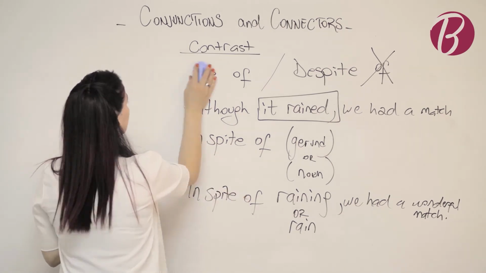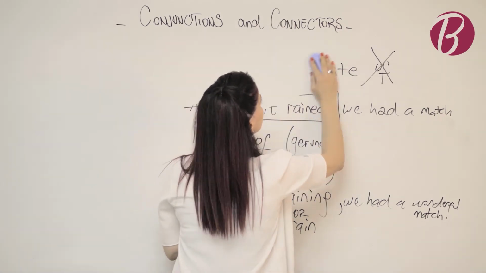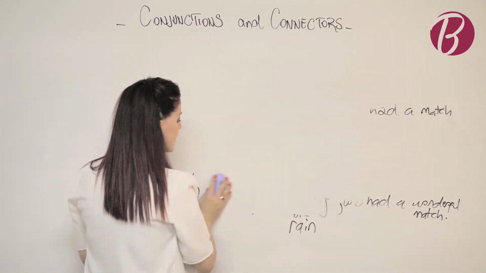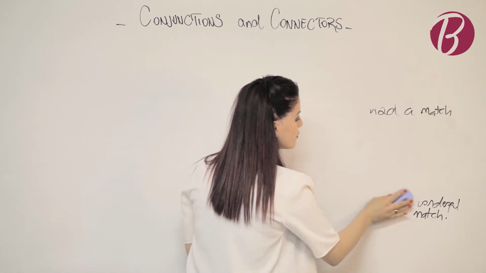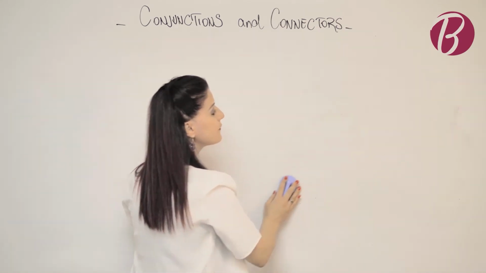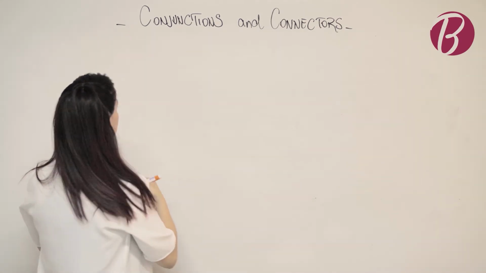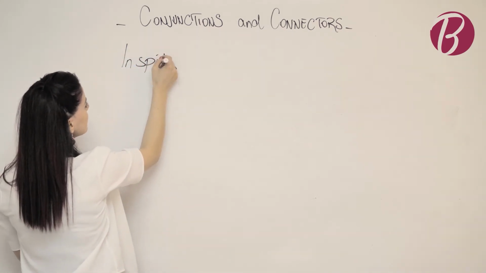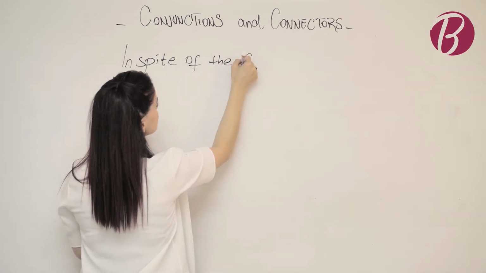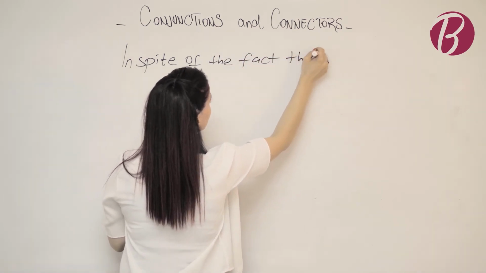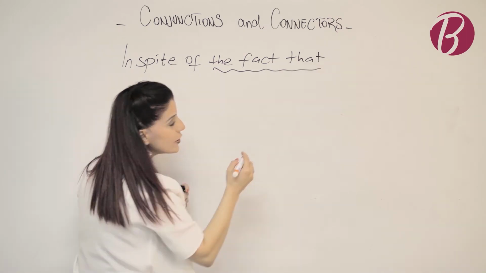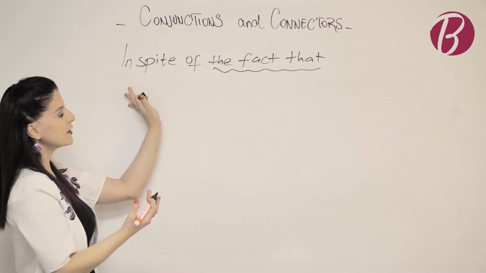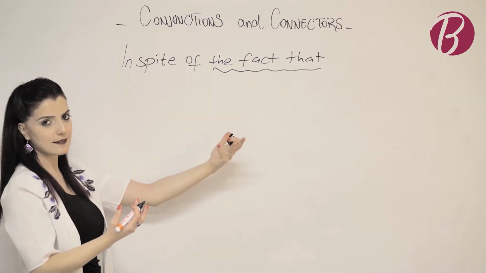Sometimes, especially while writing essays and paragraphs, we can also use in spite of the fact that or despite the fact that. In spite of the fact that, so from here you can understand after this structure you can use a full sentence.